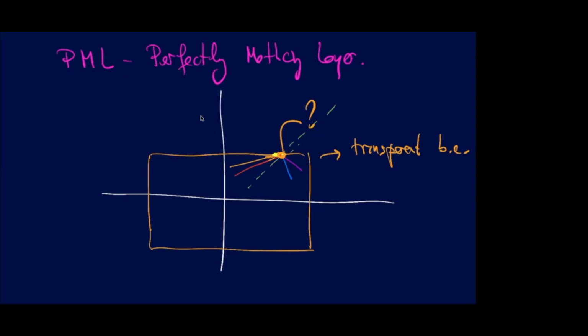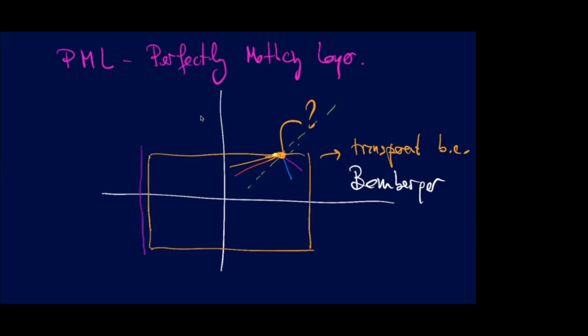Then what people did, and this was an idea by the French mathematician Bérenger, was the following. Rather than trying this, you see, even the computer or even the iPhone or the iPad, they have a frame. There is a frame in which your screen is fitting, to make it more robust.